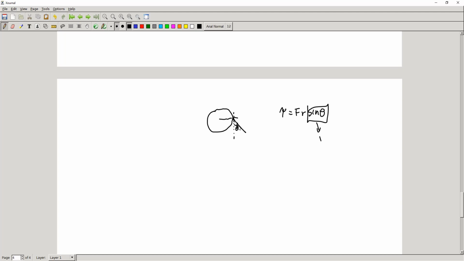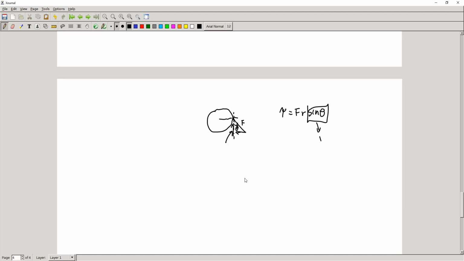Well, really, all we would need to do is get the part of the force that is pushing 90 degrees to the edge of this, or tangent to the edge of our merry-go-round, right? So we would simply break this force vector up into its two components here. We'd have some part of it going this way, some part of it going that way.